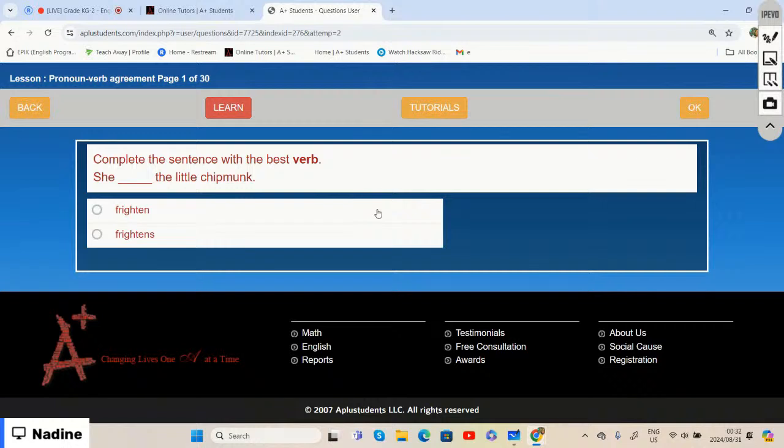Do we say she frightened the little chipmunk, or do we say she frightens the little chipmunk?